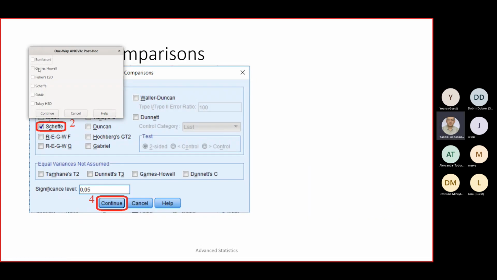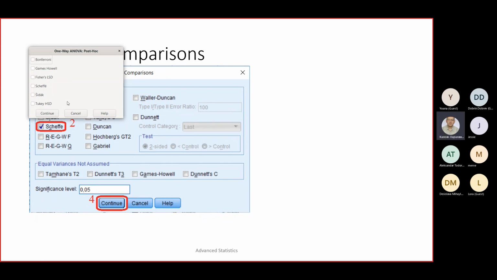So only James Howell is used when the variances are not equal. If the variances are equal in all groups, then we could use other coefficients: Bonferroni, Fisher, Scheffe, Sidak, and Tukey.